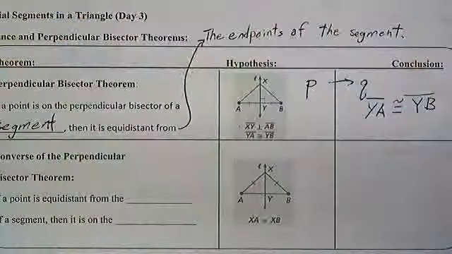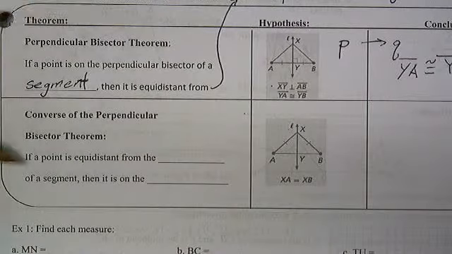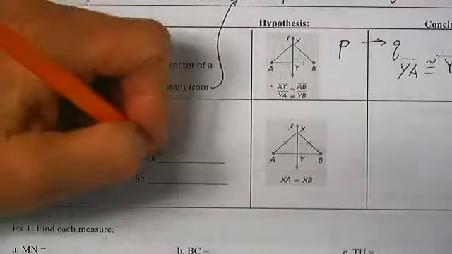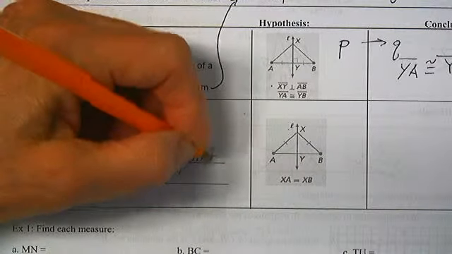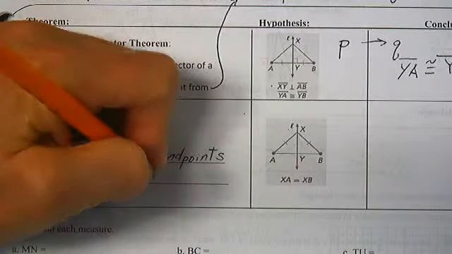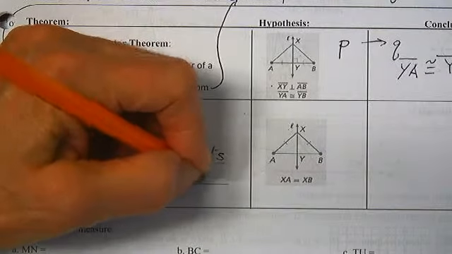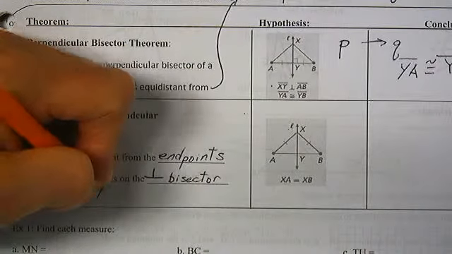In this case, the converse is also true. If a point is equidistant from the endpoints of a segment, then it is on the perpendicular bisector of the segment.